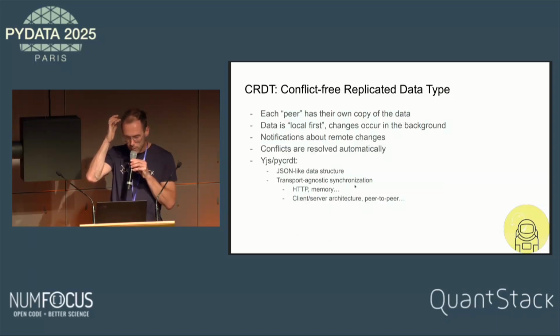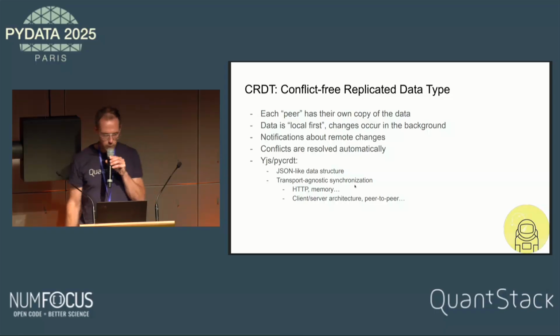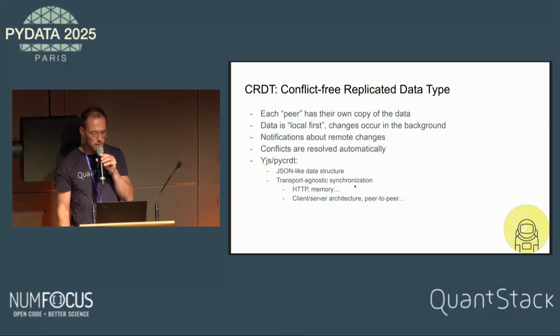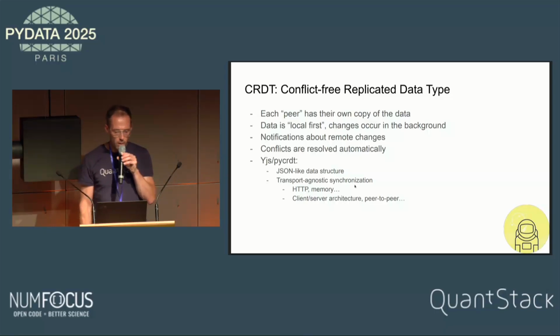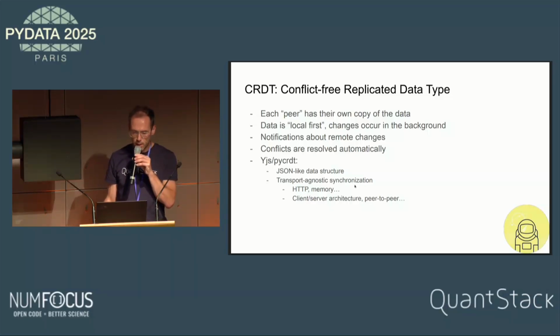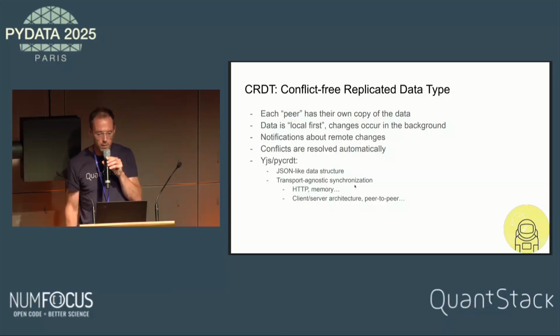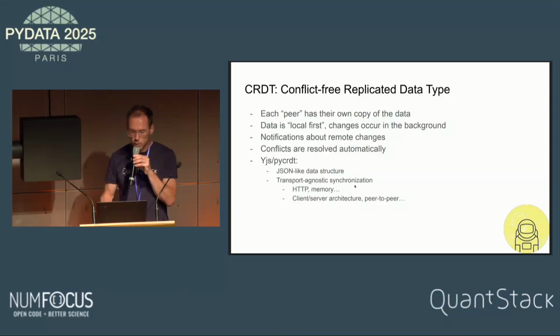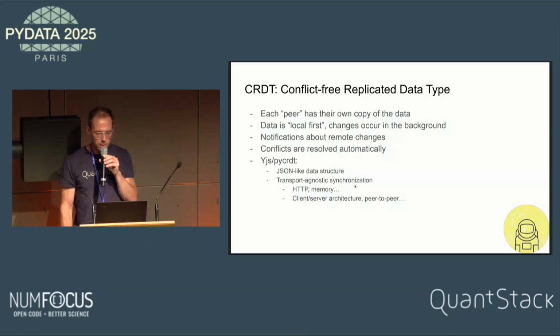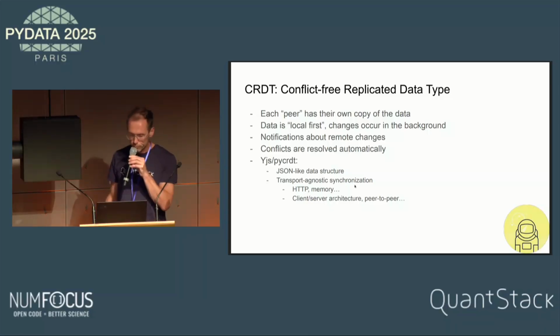So here comes CRDTs. CRDT stands for conflict-free replicated data type. It's a data structure where each peer, each core, if you will, has their own copy of the data. And data is really local first.